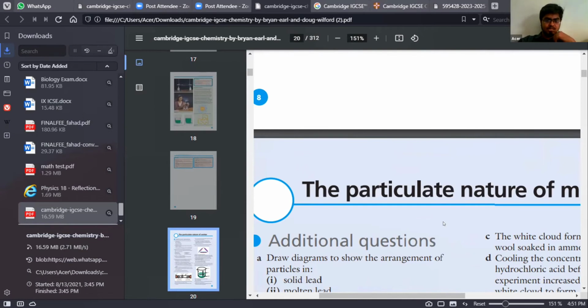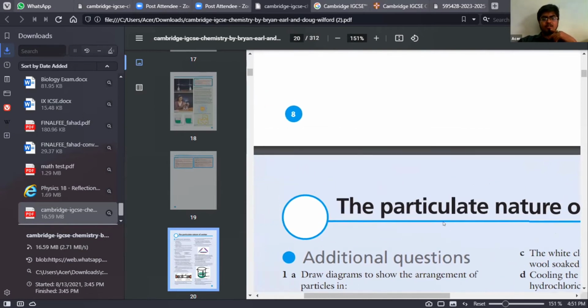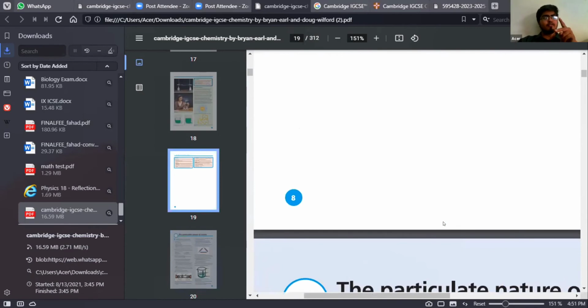Because for your standard 10th board exam, you will be giving your exam in the year 2023. This year you will give the final exam for standard 9th, in 2022. And then your standard 10th board exam will be given in the year 2023, correct?